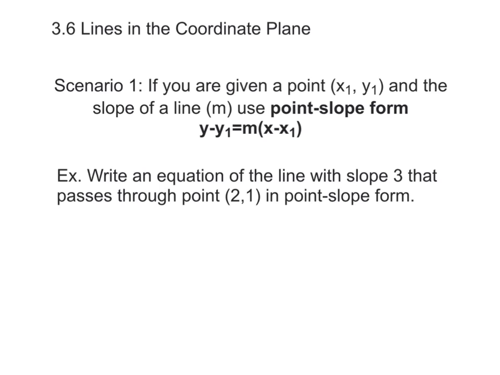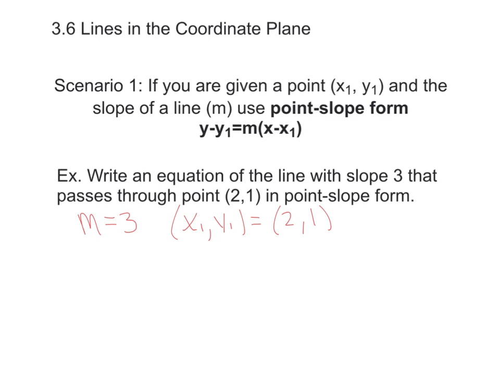Okay, so here's our first equation. Write an equation of the line with a slope of 3 that passes through the point 2, 1. So in this case, our m is going to be 3 because that's slope, and our point 2, 1 means that x1, y1 equals 2, 1.